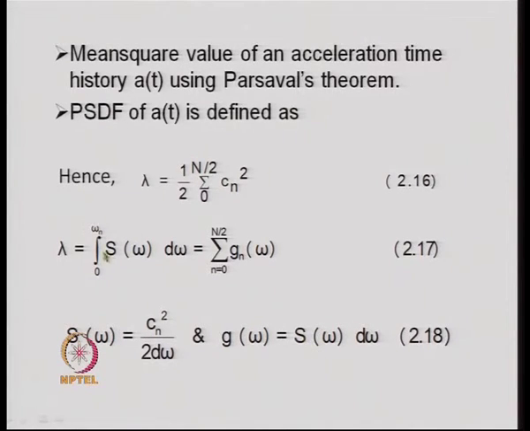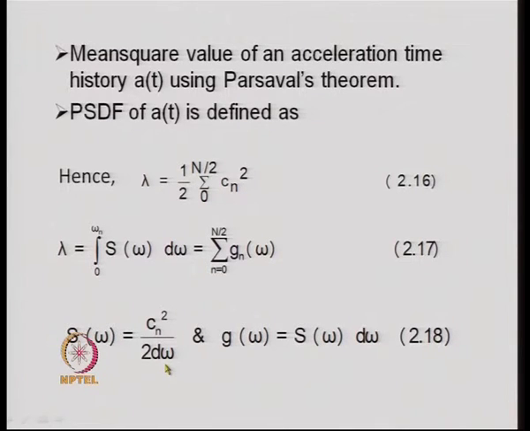In other words, if we take S(omega) d omega together, then we can convert this integration into a summation, and in that case g_n(omega) is equated to S(omega) d omega. Now, with this definition, one can find S(omega) to be equal to C_n square divided by 2 d omega.